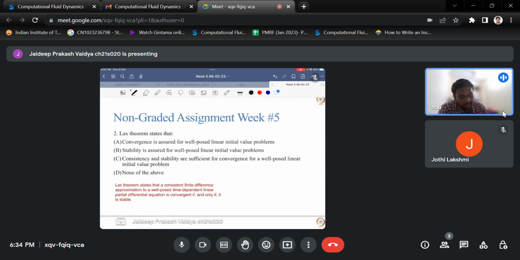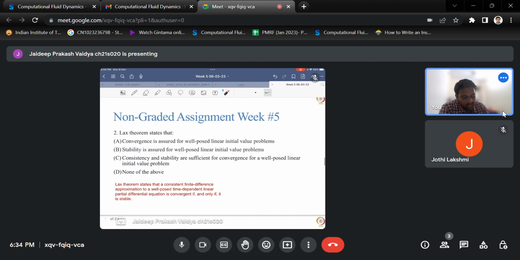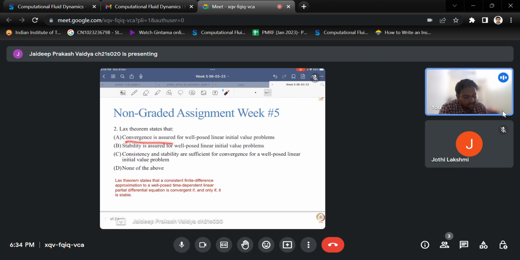So next is a very direct theory statement. What does the Lax theorem state? It is stating whether convergence is assured for well-posed linear initial value problems, whether stability is assured for well-posed linear initial value problems, whether consistency and stability are sufficient for the convergence of well-posed initial value problems, or none of the above.